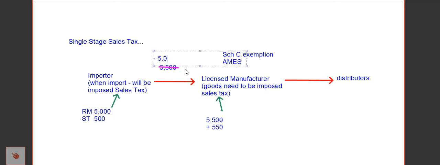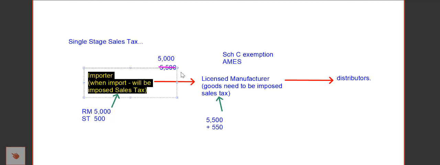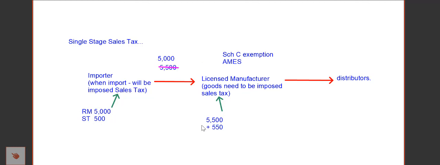So the figure will come to you as 5,000. When the figure comes to you at 5,000, effectively, when you sell again, you will only add 500 to the 5,000. So that will not increase the cost of the product, because of multiple times of sales tax being added to the same thing. Now, how to achieve this?